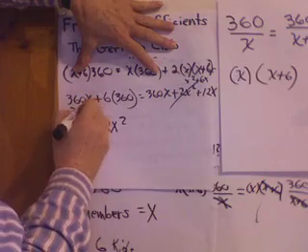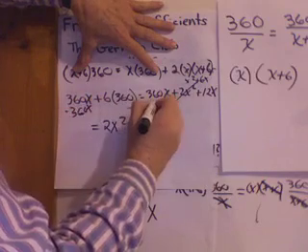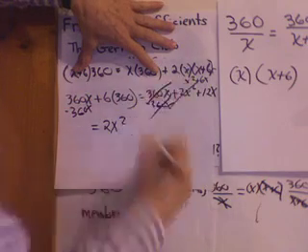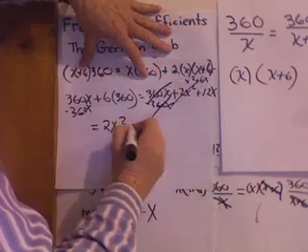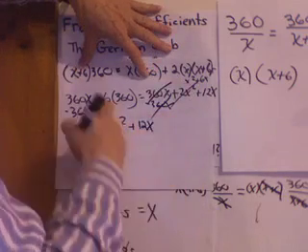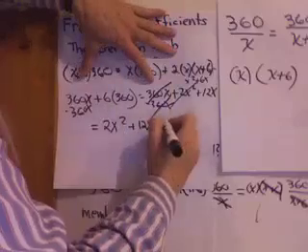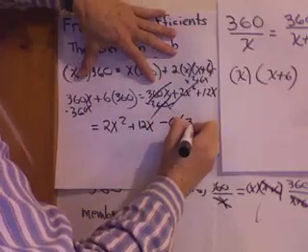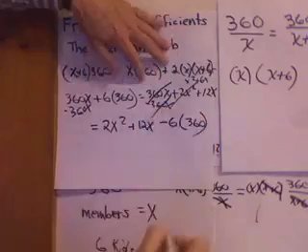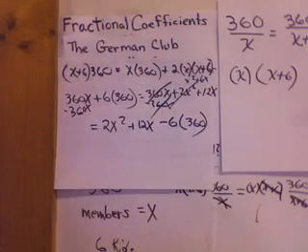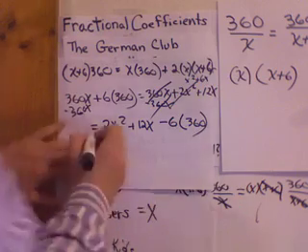Ooh, little shortcut. Minus 360x, that's gone. I'm liking that. All right, plus 12x. And then I'm going to move this blob of a number over, minus 6 times 360. And this is don't multiply till the end method because I sense that we have a little shortcut happening here.